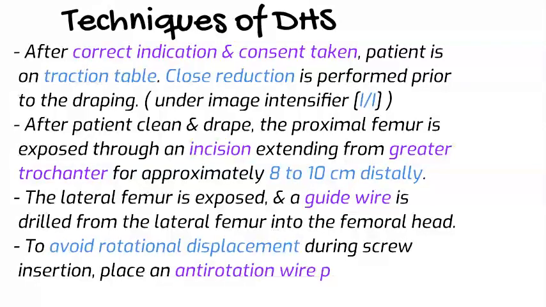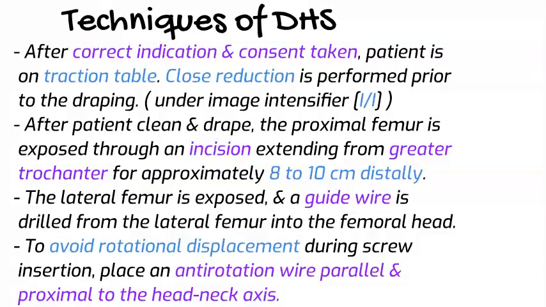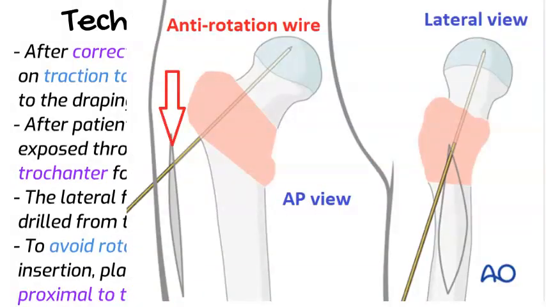To avoid rotational displacement during screw insertion, place an anti-rotation wire parallel and proximal to the head-neck axis. This figure shows the anti-rotation wire from the AP view and the lateral view.